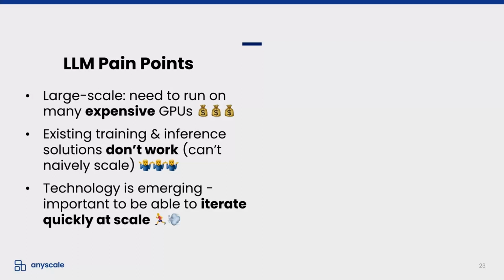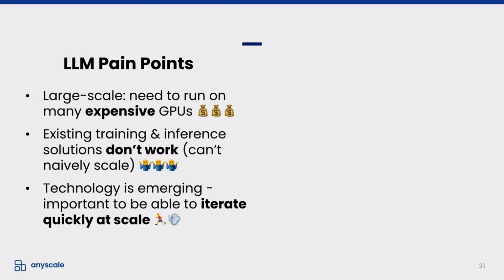Now, those are just a few particular examples of how companies use the open source project to scale their machine learning workloads. But if we zoom out a bit to the LLM pain points in general, touching that recent trend, there are really three typical problems. First, training at large scale is usually expensive, as you need a lot of GPUs and a lot of compute. Second, your favorite tools might not work at this scale.